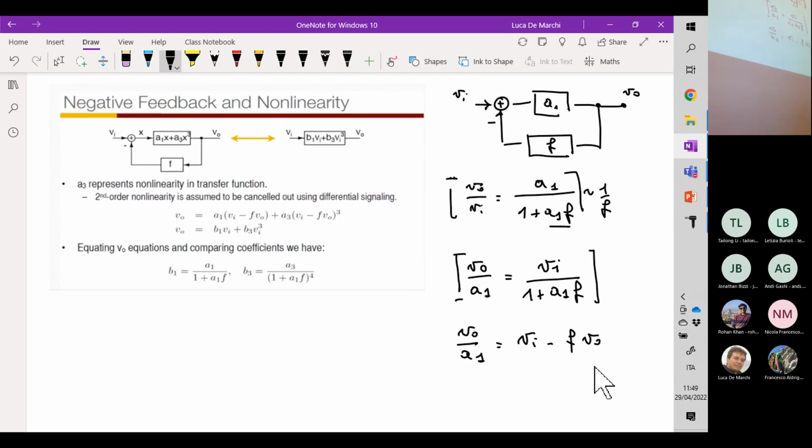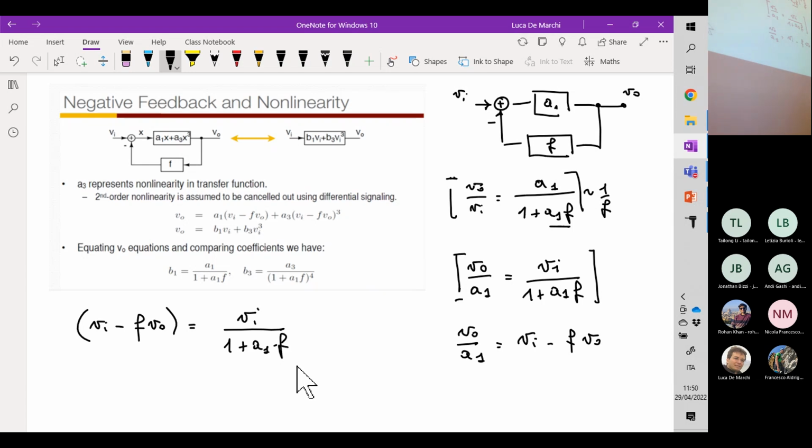So we can say that V out over A1 is equal both to this quantity and to this one. In the end, Vi minus F V out is equal to Vi over 1 plus A1 times F.